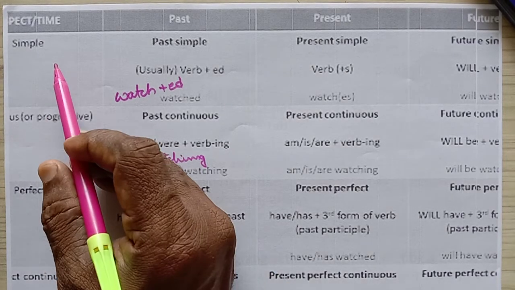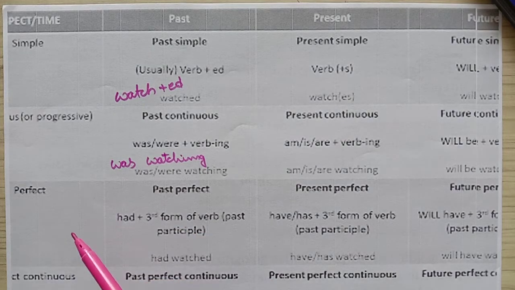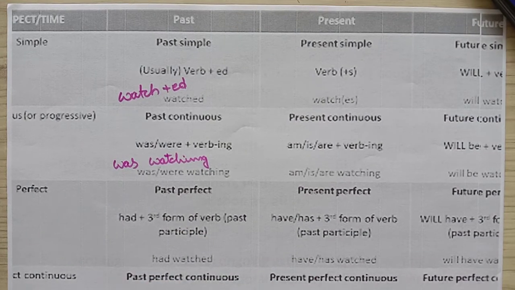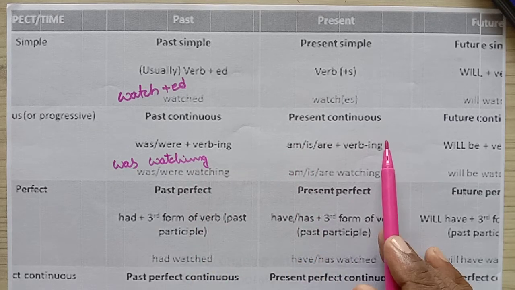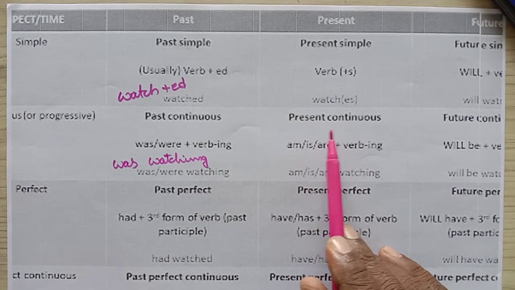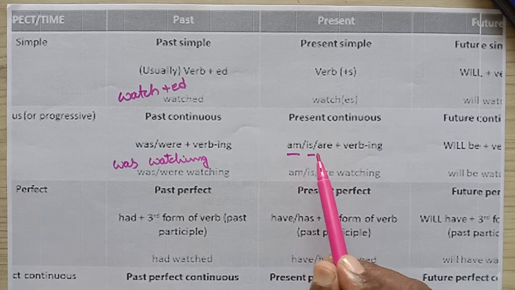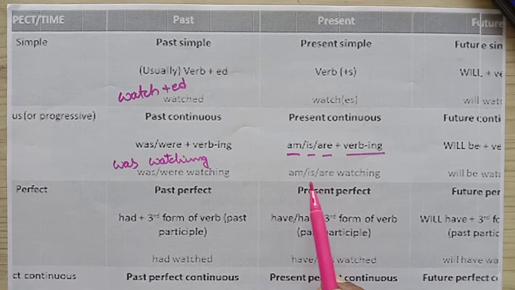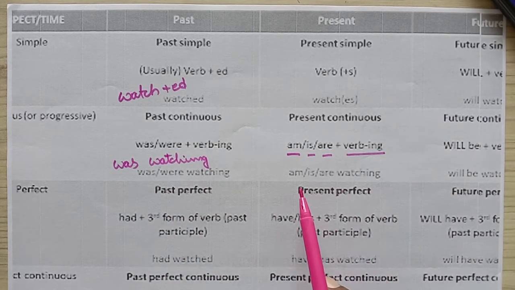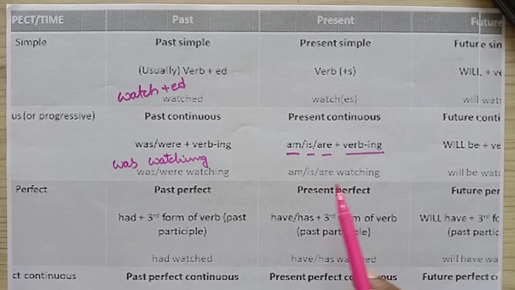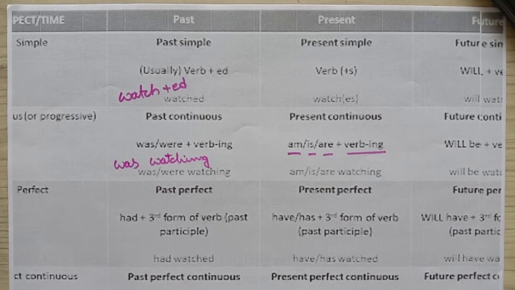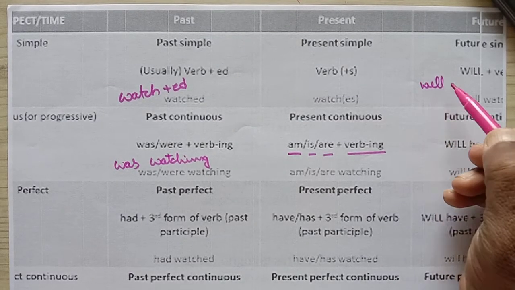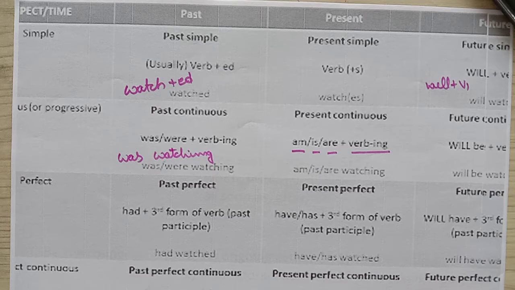Present continuous is am, is, are plus v1 plus ing: am watching, is watching or are watching. The structures are the same. Future continuous is will be plus v1 plus ing.